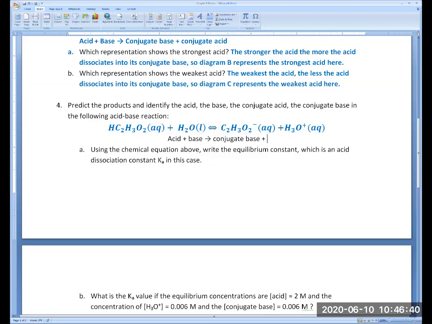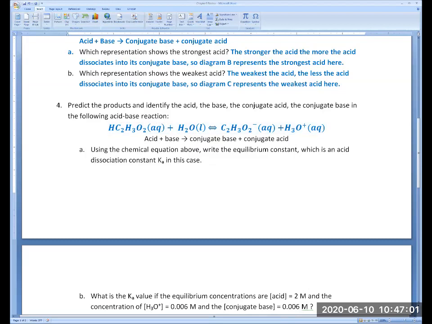And then H3O plus is the conjugate acid, right? Of course, because if the one is the base, the other has to be the acid. It's the conjugate acid because it came from the base. The water was the base. Water, when it accepts a proton, becomes H3O plus.